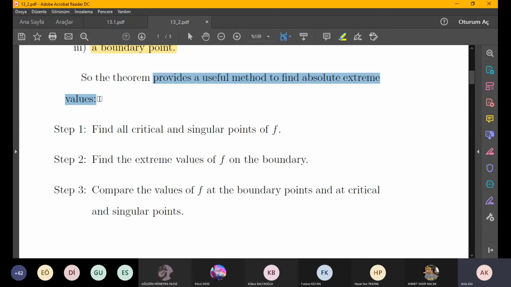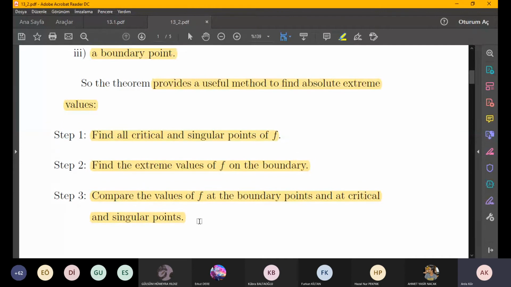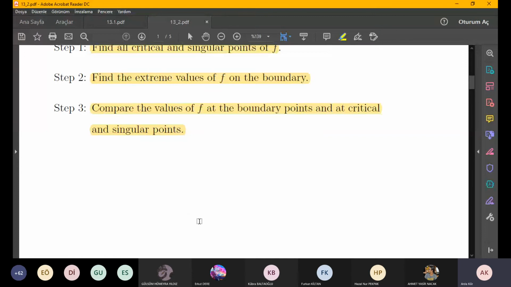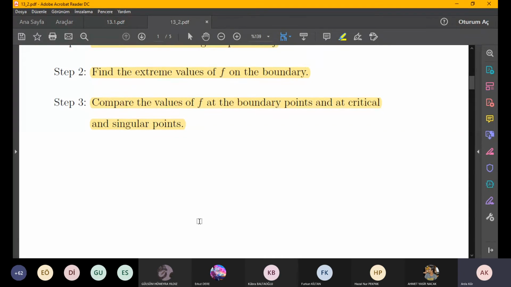So first we will find all critical and singular points, and then we will find extreme values of f on the boundary, and then we will compare the values that we get at the boundary points and at singular and critical points of the function. Then after that, by comparing all those values of f, we will conclude what the extreme values of the function are.